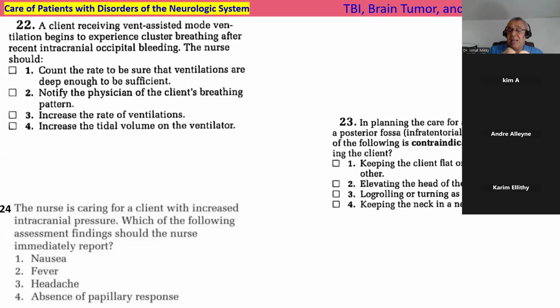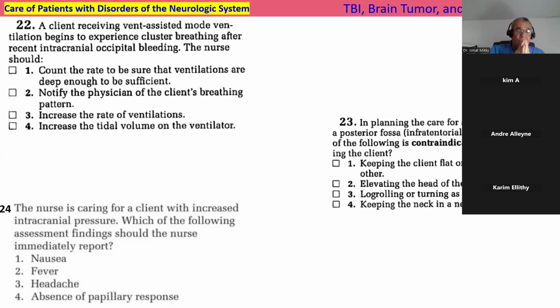So it's contraindicated for infratentorial craniotomy to elevate the head of the bed to 30 degrees because it could cause herniation of the brain down onto the brain stem and spinal cord, resulting in sudden death.